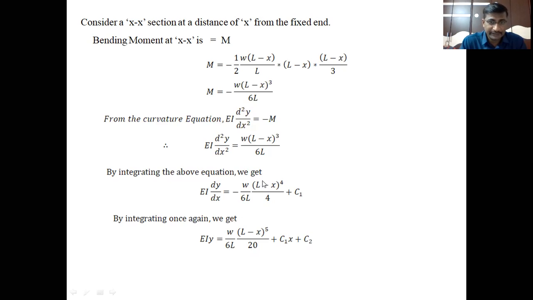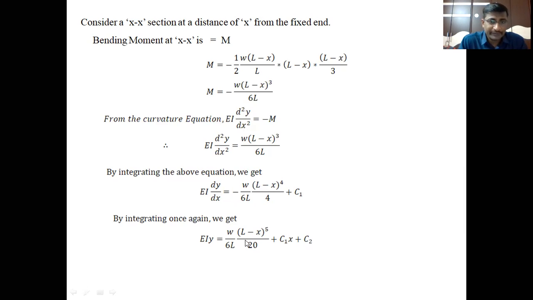If we integrate this term, (L minus x) whole power 4 integration gives (L minus x) whole power 5 by 5. Already in the denominator 4 is there, and 5 into 4 is 20. The minus sign will be cancelled, since again a minus 1 appears after integration. Minus into minus is plus. So after 2 times integration, we will get the deflection equation. Isn't it, students? Or did you get it?